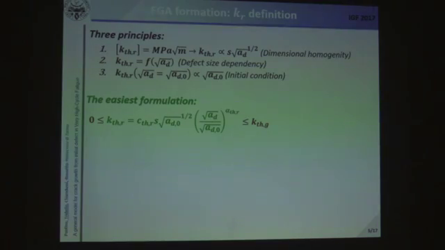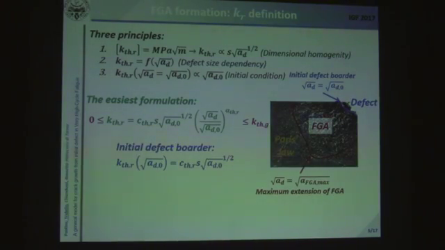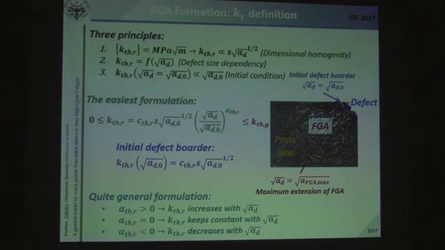The easiest formulation is reported on the slides, and it is quite general, since depending on the value of the exponent alpha, the K reduction can stay constant, can increase or can decrease with the defect size.